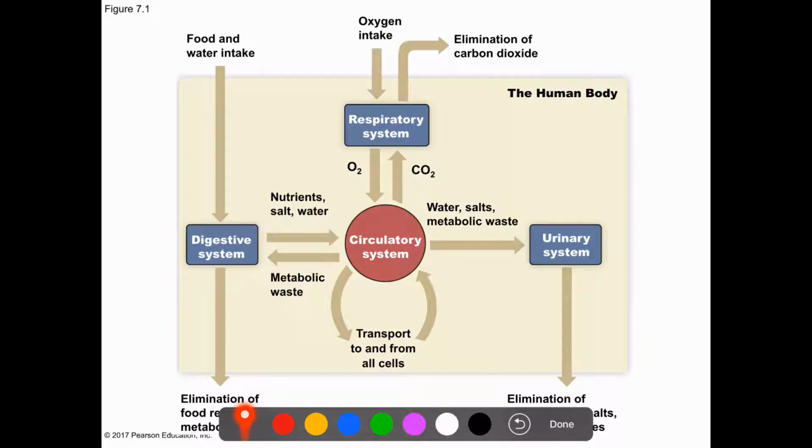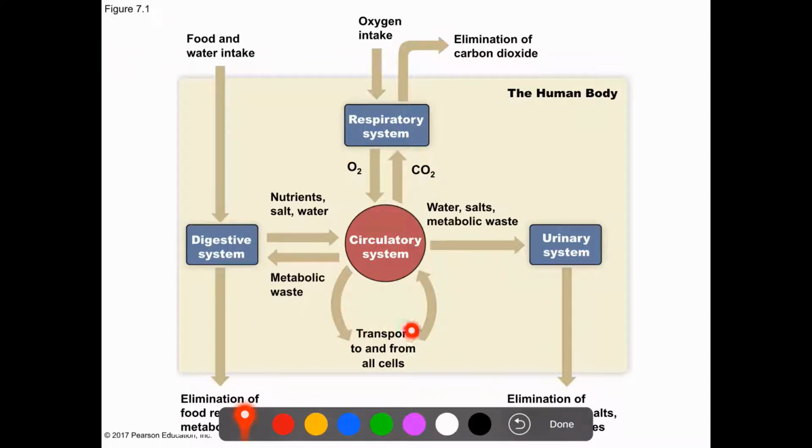If we want to talk about the functions or the roles of the circulatory system, we would say it will pick up the nutrients and water from the digestive system. It exchanges gases with the respiratory system.